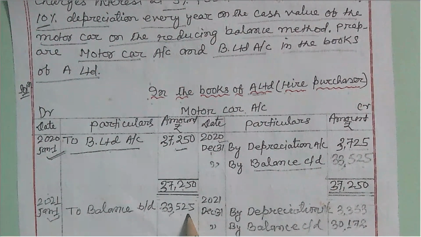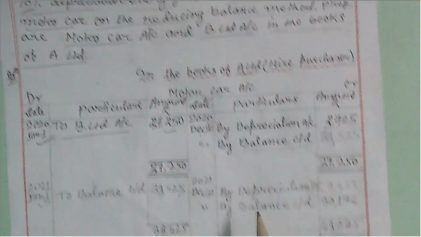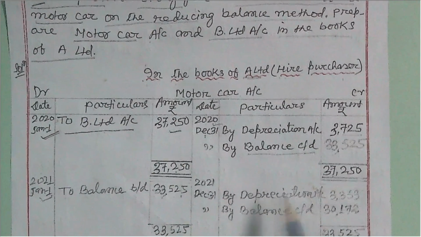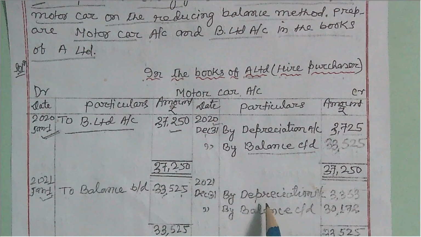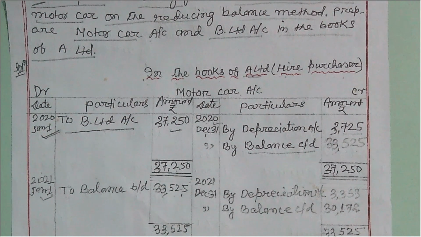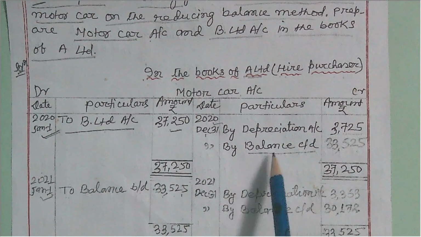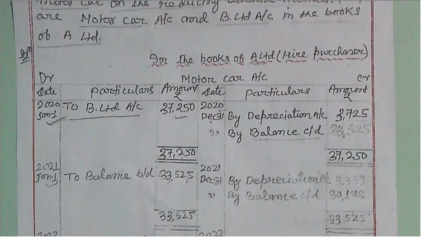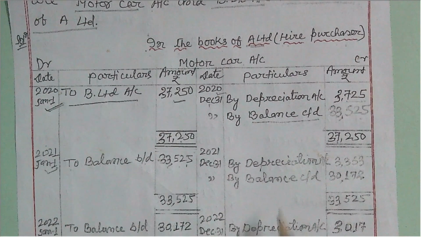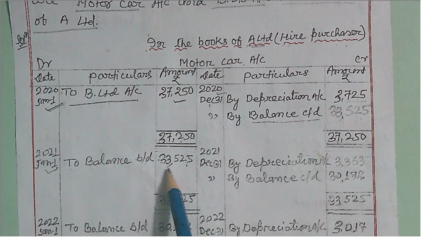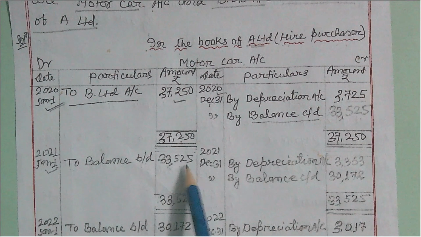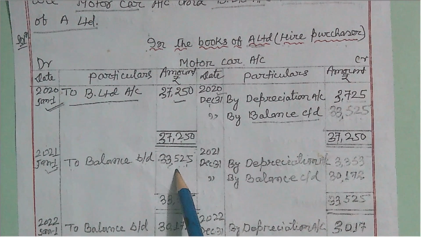33,525. Again you have to charge depreciation for the second year. And in how many years do we have to record in this way? This depends on the number of installments. Since it is given in the question that there are 3 installments, we have to record 3 years of depreciation. So 33,525 is the second year opening balance.